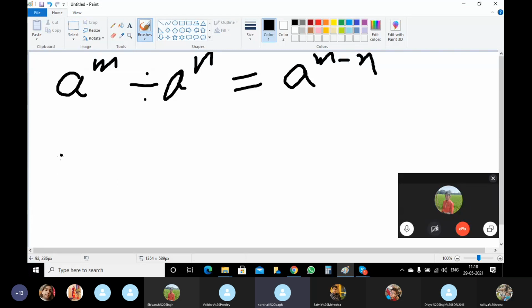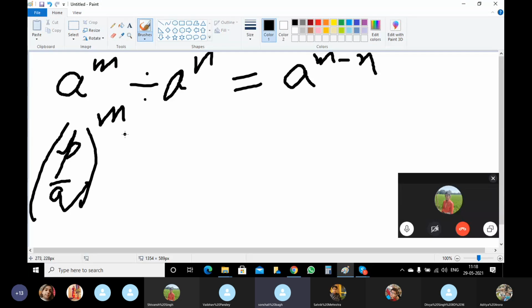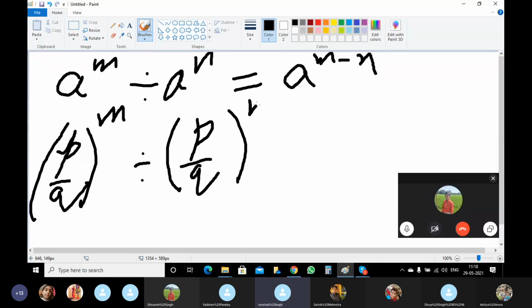So now for the case of rational numbers, (p upon q) to the power m, right? Divided by (p upon q) to the power n, that is equal to how much?